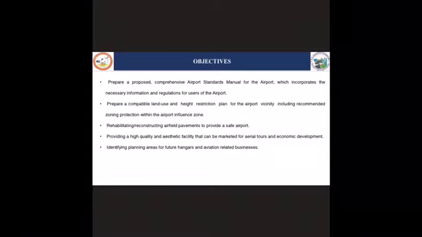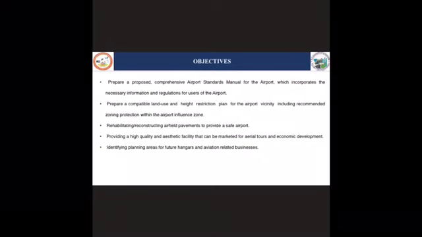Secondly, to prepare a compatible land use and height restriction plan, which is very essential for aircraft operations near the vicinities, including the recommended zoning protection within the airport influence zone, and also rehabilitation and reconstruction of the airfield pavements to provide a safe airport for operations, and providing high quality and aesthetic facilities that can be marketed for aerial tours and economic development. It also includes identifying the planning areas for future hangars and aviation and related businesses.